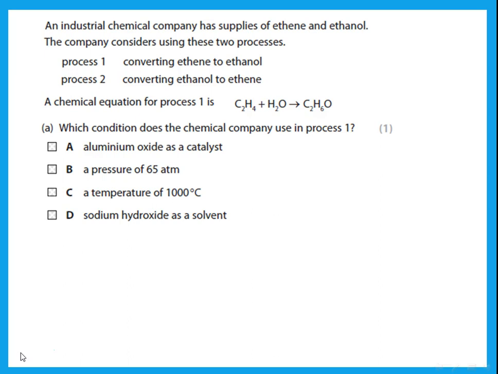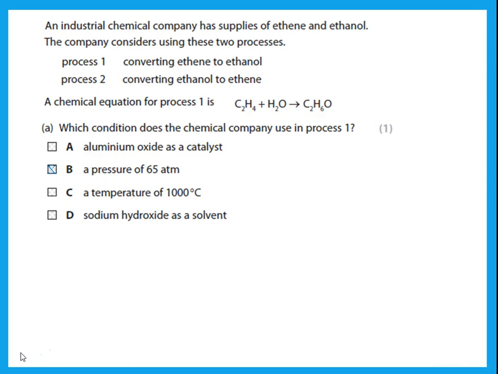If I have ethene and I want to add water to make it ethanol, what were the conditions? Do you remember? Was it aluminum oxide catalyst? No, we said aluminum oxide catalyst is used for 2 things, either for cracking or for changing ethanol to ethene, which is process 2, not process 1.